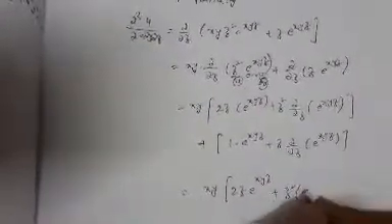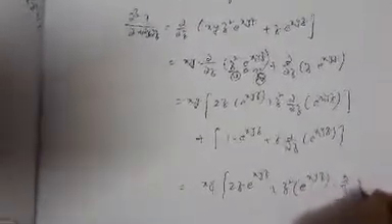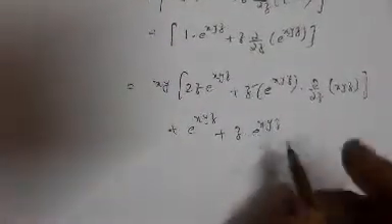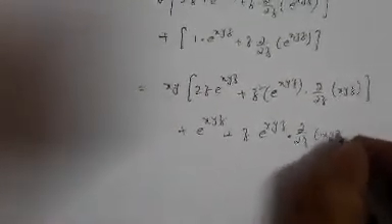Then which implies xy into 2z e^(xyz) plus z² into, so the derivative of this one is e^(xyz), into ∂/∂z of xyz. Next plus e^(xyz) plus z into ∂/∂z of that function, so e^(xyz), plus z into e^(xyz) into ∂/∂z of xyz.